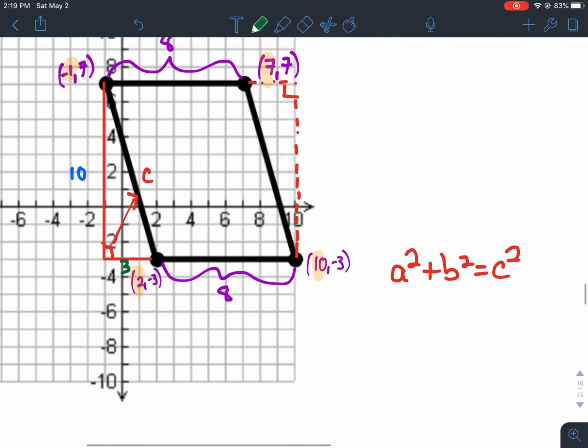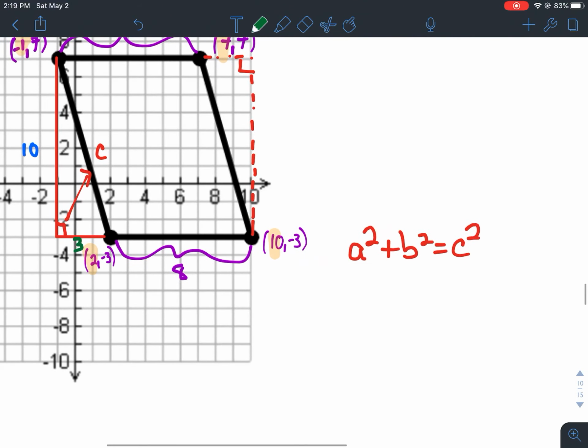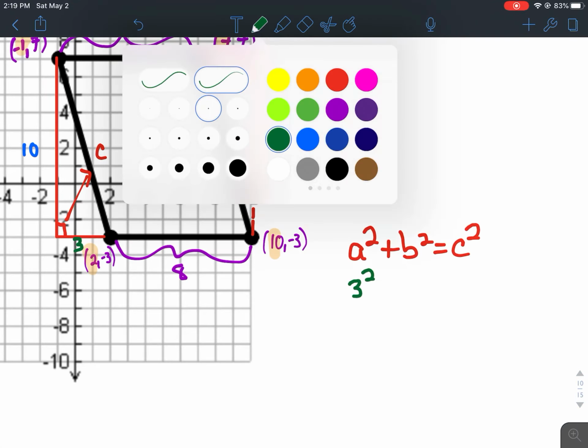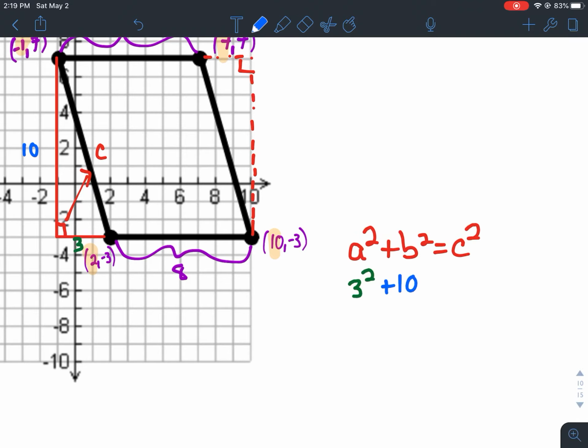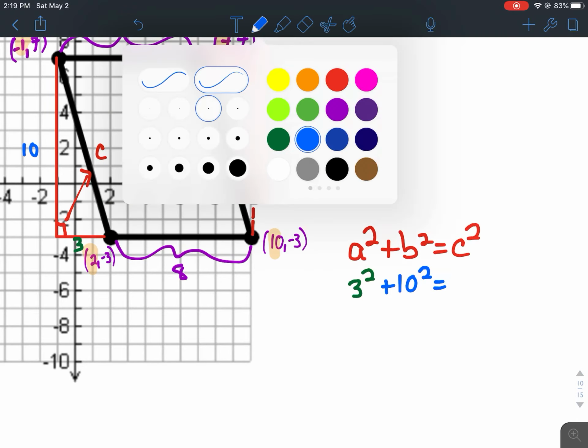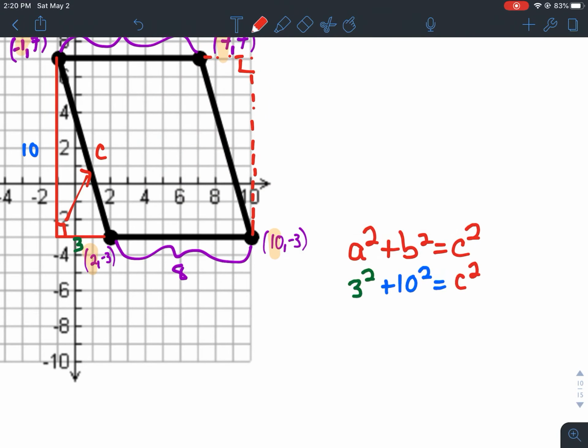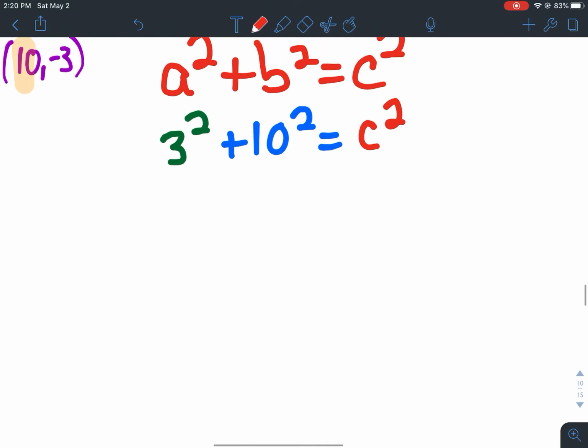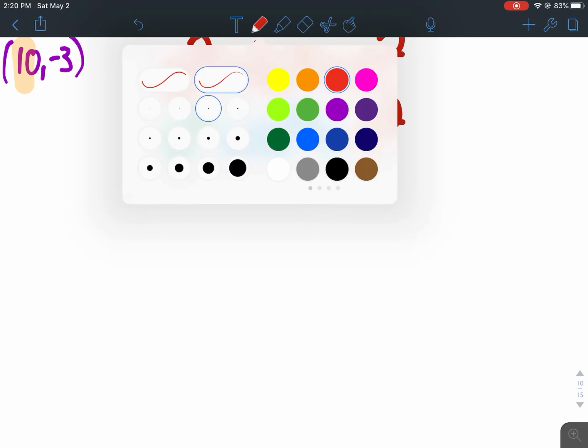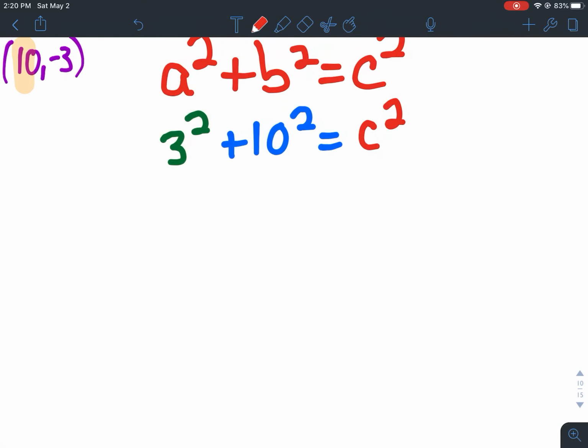If you plug the numbers into the Pythagorean theorem, you should have 3 squared plus 10 squared equals c squared. So you can find the distance for c. This is 9 plus 100 equals c squared.